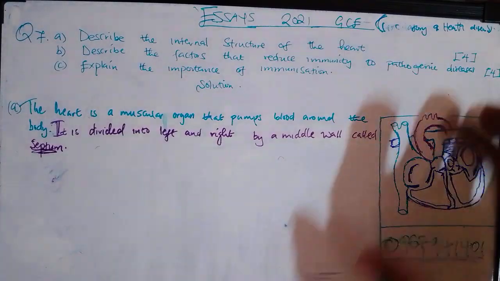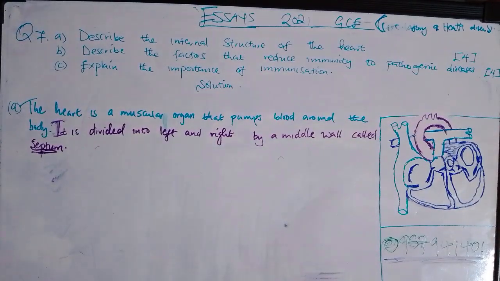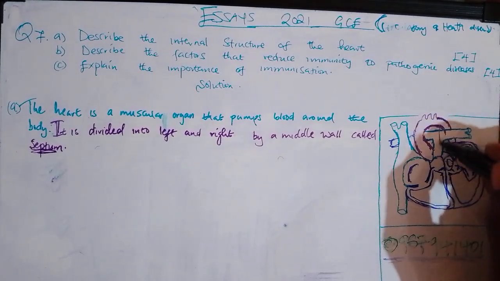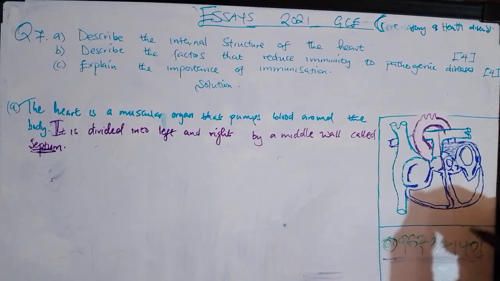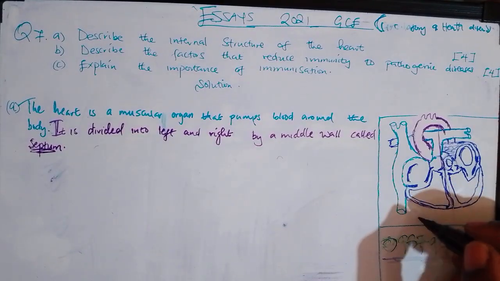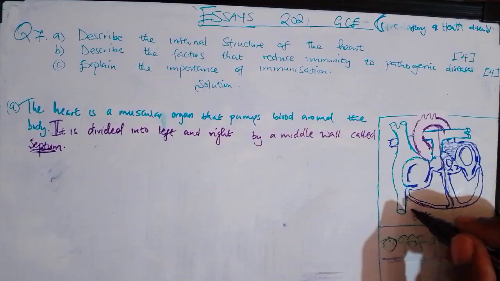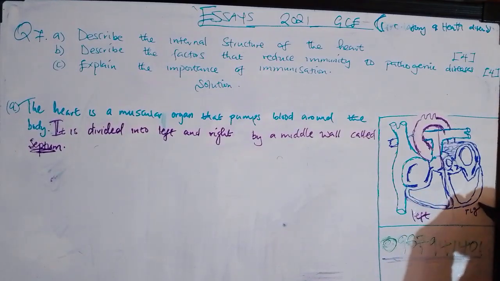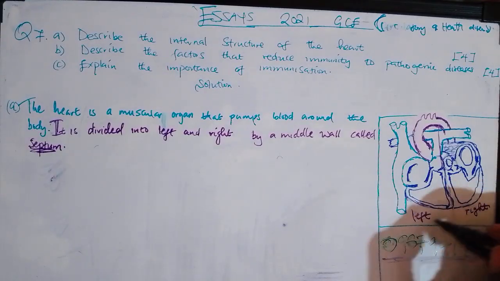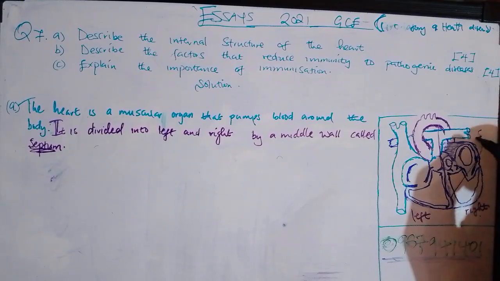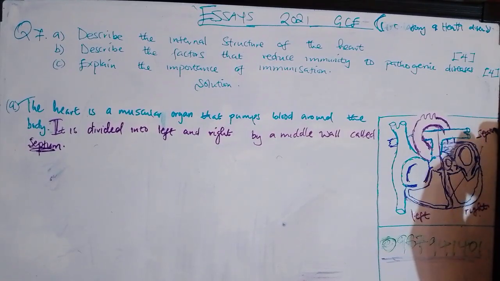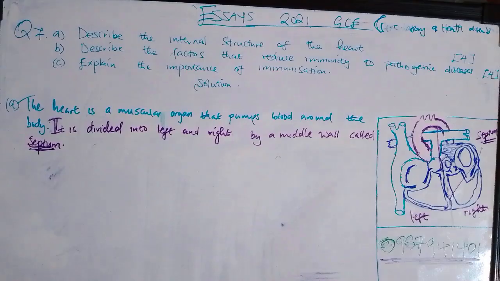If you look at the diagram, you can see that we have this part as our mid, meaning this side is our left and this side is our right. This part which separates the left and right side of the heart is what is known as the septum. So we have described our first thing.